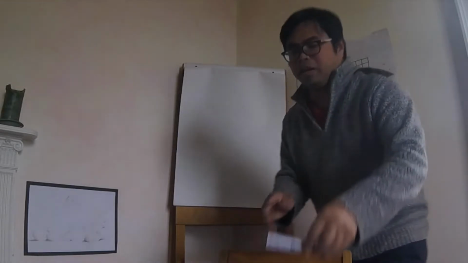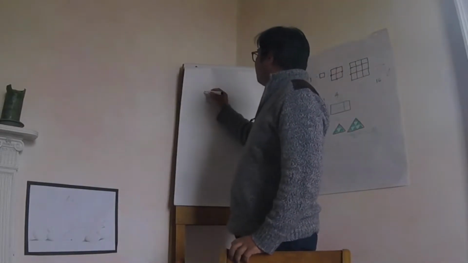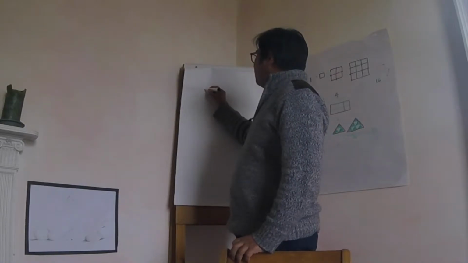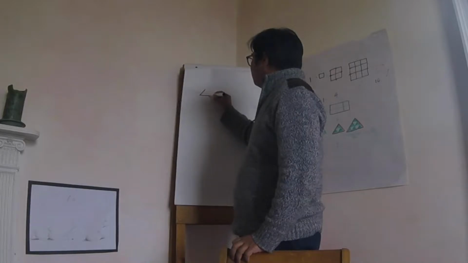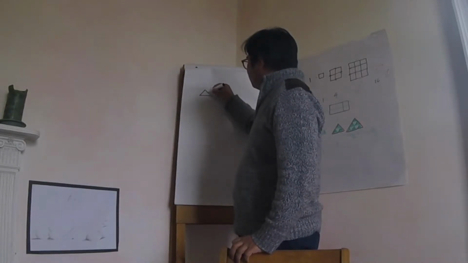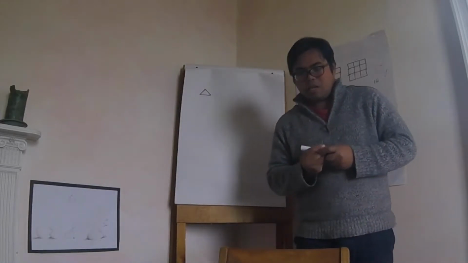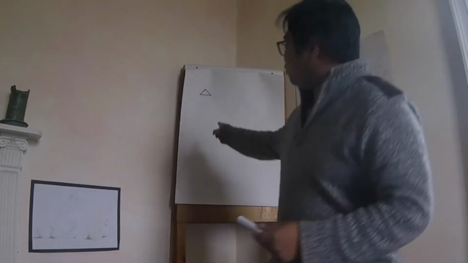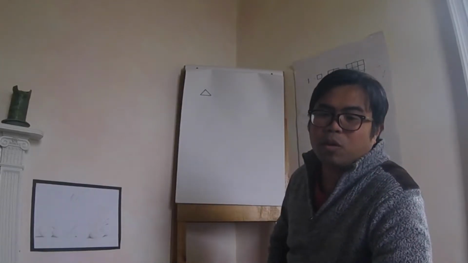Great. So here, I'm going to start with this. Copy, draw an equilateral triangle. I want to enlarge the triangle twice. What shall I do?